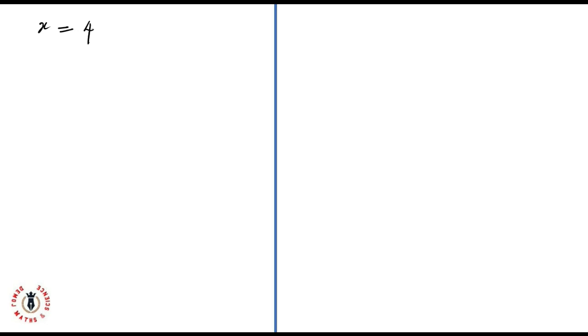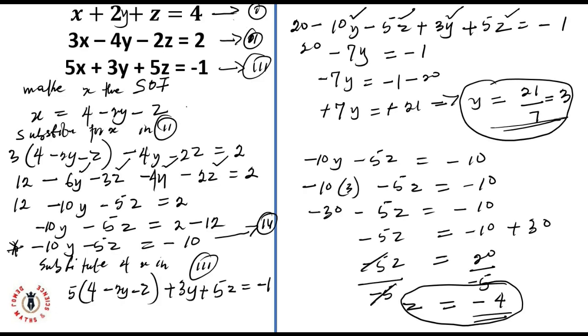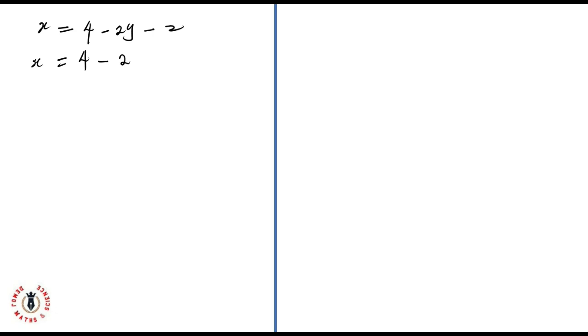So x now will be the same thing as 4 minus 2. We said y is equal to 3. We said z is equal to minus 4. So my minus 2 now will be into 3, minus z, we say is equal to minus 4. That means I have minus 4 here.